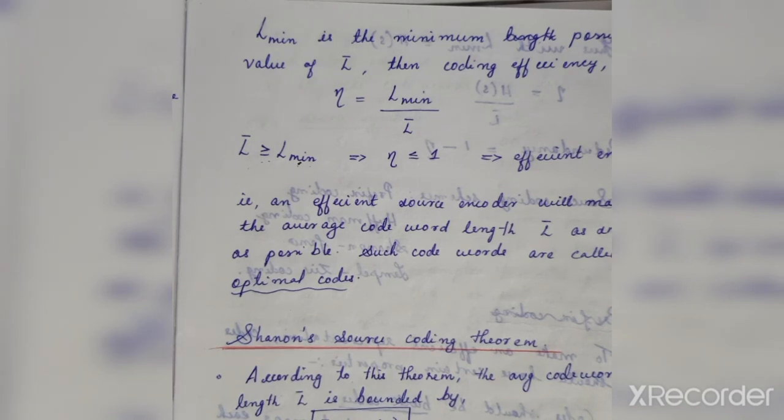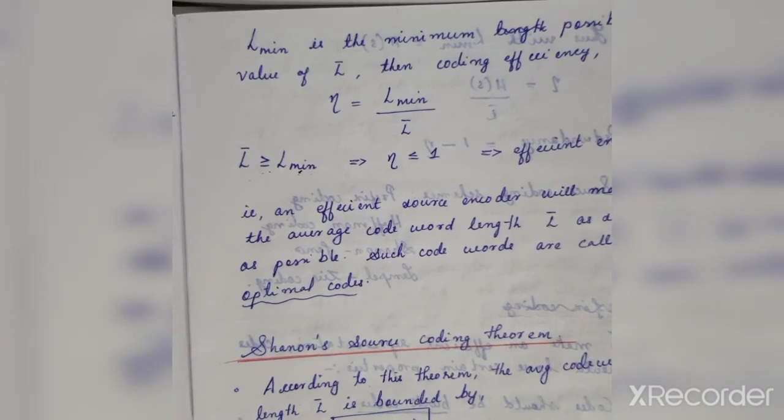Now, what should be this L minimum? We are randomly talking about L minimum. This value of L minimum is given by Shannon's source coding theorem.